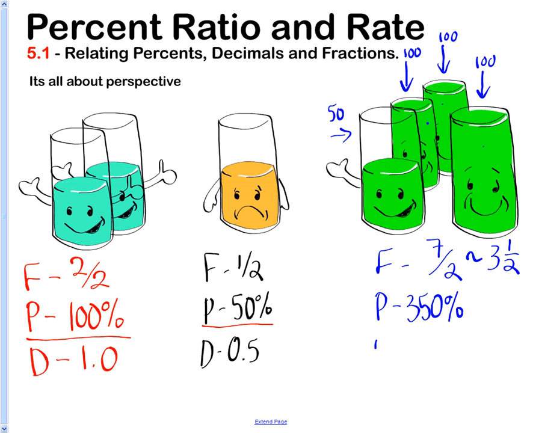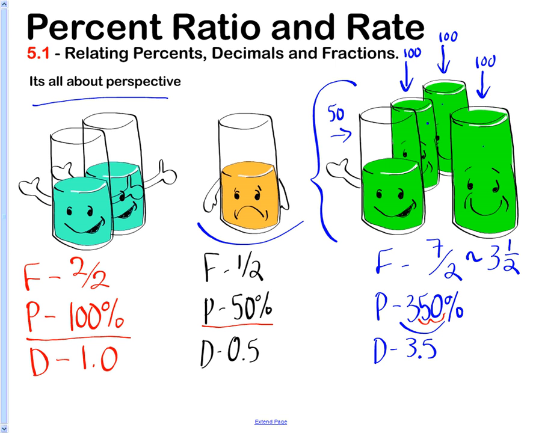And if we were to go down here to the decimal, well, we know that when we have a decimal of a whole, it's 1.0. So 100% is 1.0. If we look at this percentage here and do the exact same thing, we would move the decimal place over 2 spots and be left with a decimal of 3.5. So all of these are equivalent, whether they are less than, 1 whole, or more than.